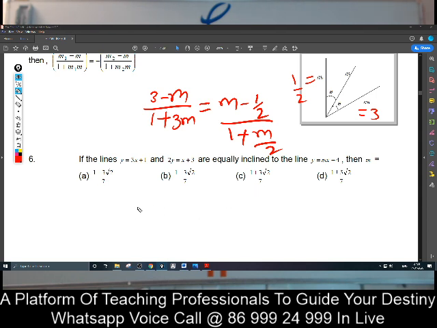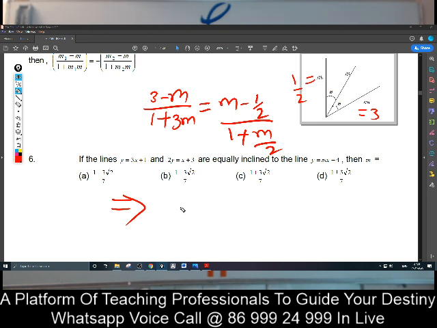Someone answered, this is Shiva, 1 by 2. Yeah, that should be the answer, but here the options seem to be different. I think one of these is wrongly placed in the options.